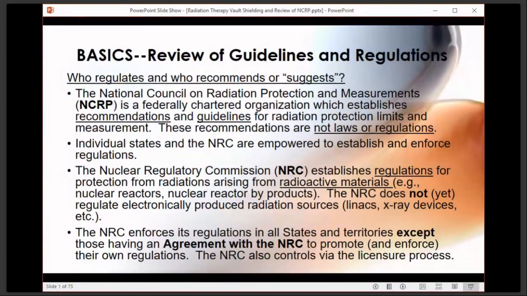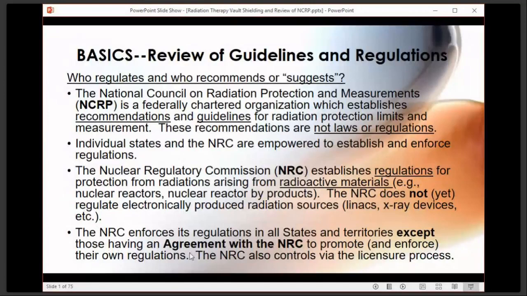The NRC does not, as of this date, regulate electronically produced radiation sources. LINACs, X-ray sources, and so on are not under NRC jurisdiction, but they have from time to time tried to make that the case.